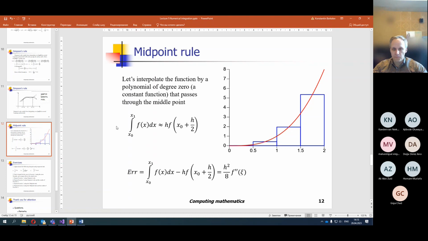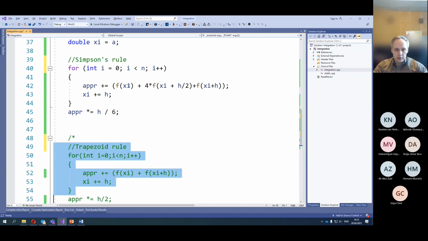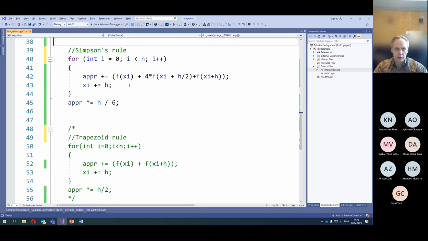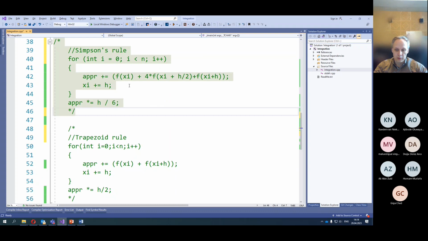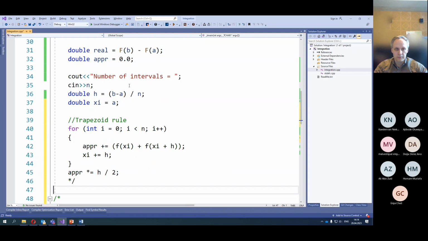Let's check it. Let's implement the middle point rule. This is a Simpson rule, this is the trapezoid rule. Let me write the middle point rule. According to this rule, we should compute the sum of the function at the middle points.